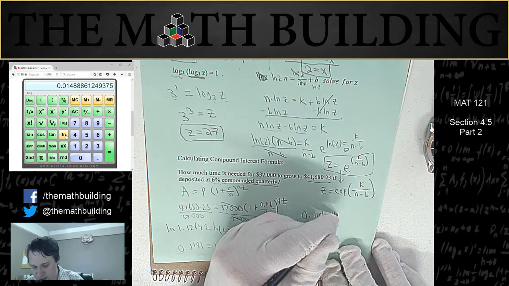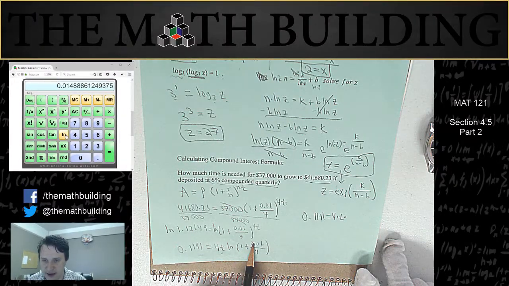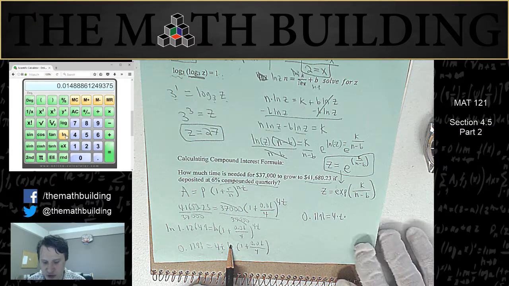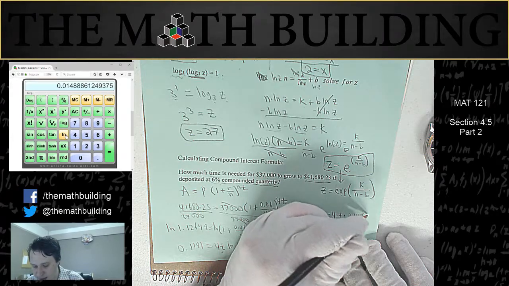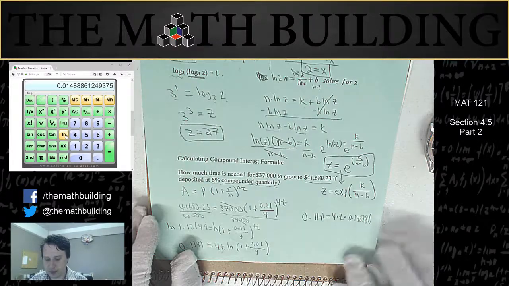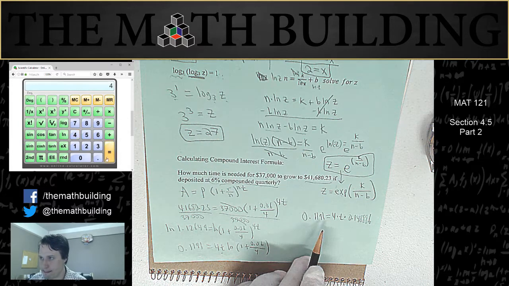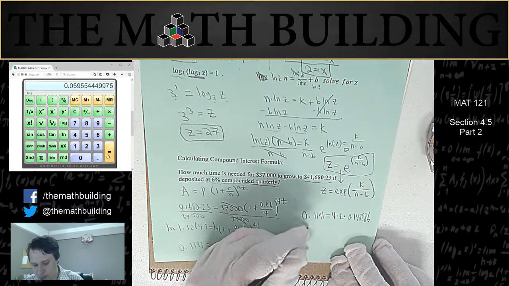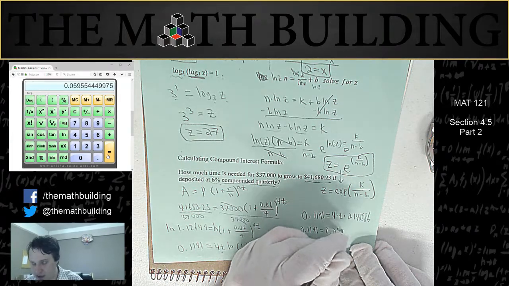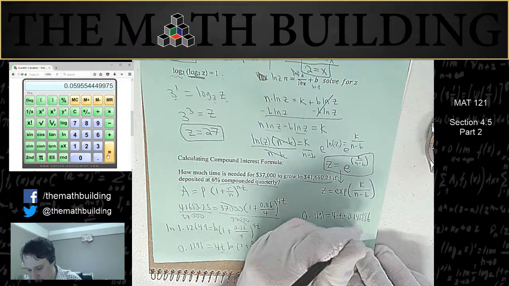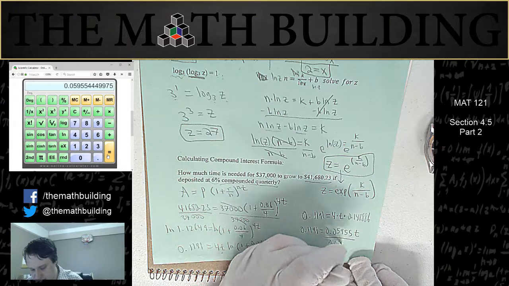We have 4 times t times this number up here, because I just crunched all of this on my calculator and zapped it with the natural log and got 0.148886. Okay, let's times that by 4. 0.1191 equals 0.05955 times t. And then finally divide both sides by this number.